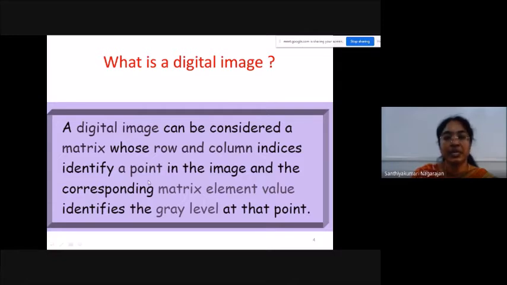Each and every pixel identifies a point in that image, and the corresponding matrix element value identifies the gray level at that point. After the break of the session, I'll plot an image and let you know what actually a pixel is, and how that point is represented as a pixel. Hence, it is considered as a matrix of both the indices and a point.